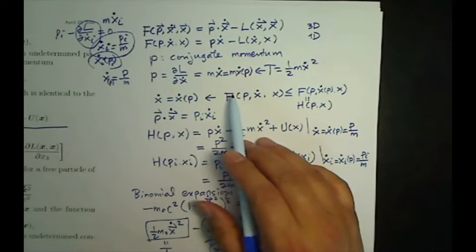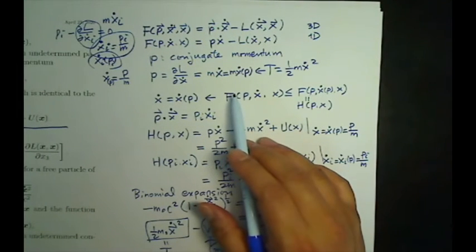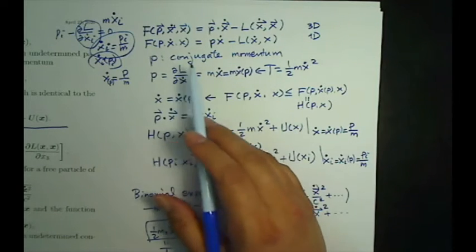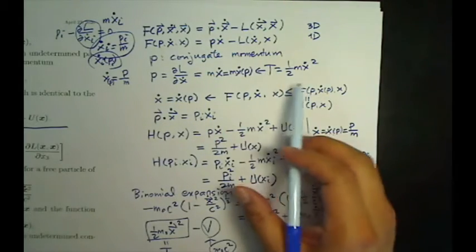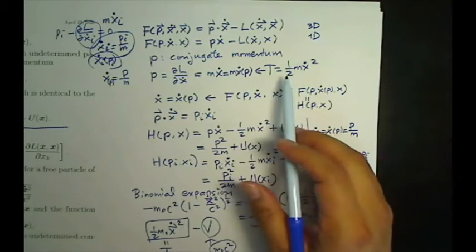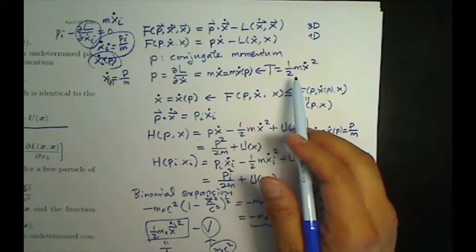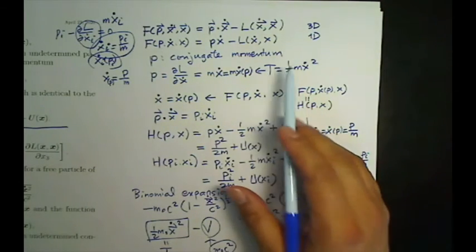In the case of the potential energy, which is independent of the velocity, this can be directly obtained by taking the partial derivative of the kinetic energy with respect to the coordinate time derivative.